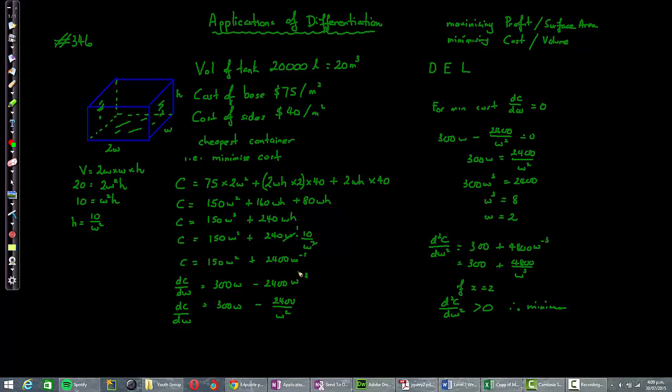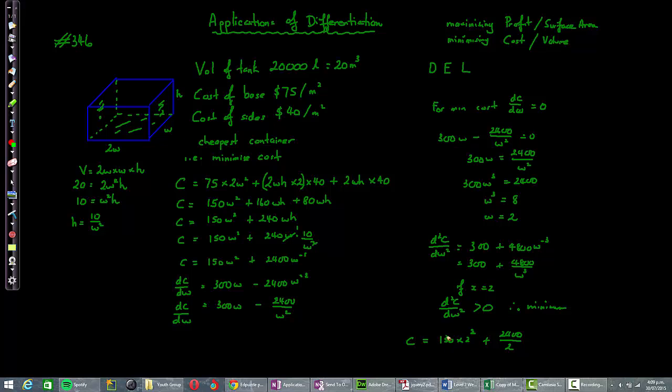We could actually just put that 2 into our cost equation here. So I'm going to do that. So the cost will be 150 times 2 squared plus 2,400. I'll put that over w now, easier to use, and w is 2. So that was a square.